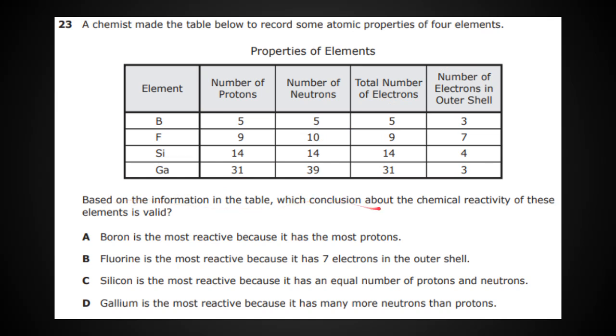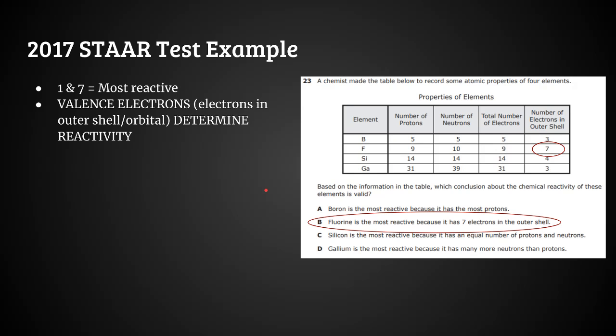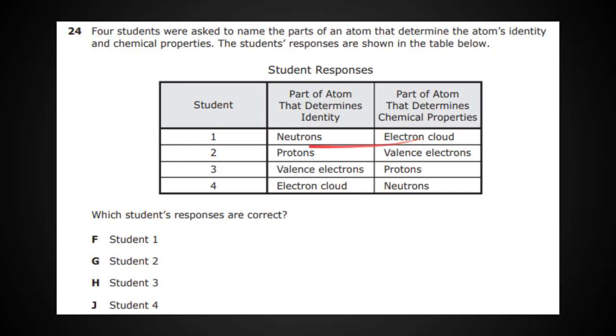Based on the information in the table, which conclusion about the chemical reactivity of these elements is valid? It would be that fluorine is the most reactive because it has 7 electrons. If we go back to our other lists, we'll find that 1 and 7 are the most reactive because they really want to lose 1 or gain 1. And once again, valence electrons, reactivity.